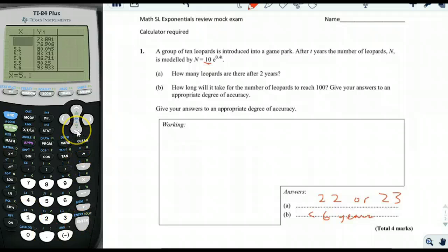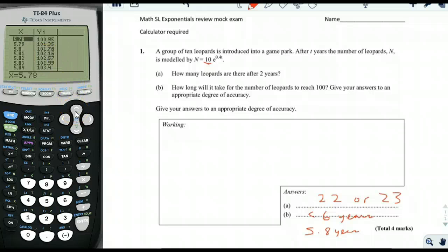And then now we could get it to 5.8 years. So that's a little bit more accurate. And then if you wanted to, you could do plus 0.01. And then you could get even closer.